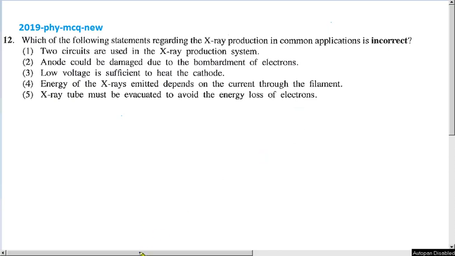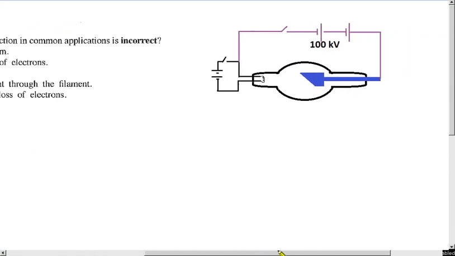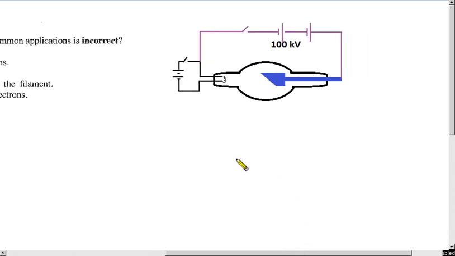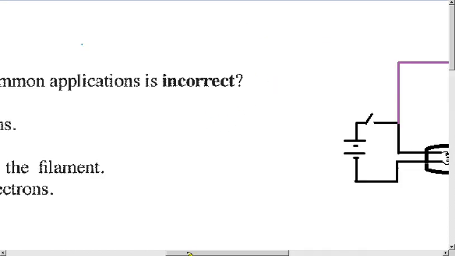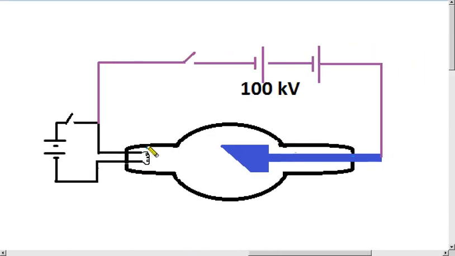So children, I have drawn a diagram of an X-ray tube with two circuits. There is a circuit to light up this filament. Just about 12 volts is enough for this task, using batteries or DC voltage.